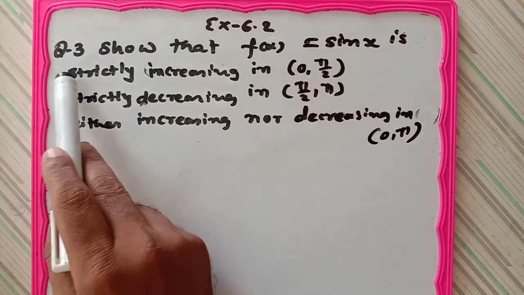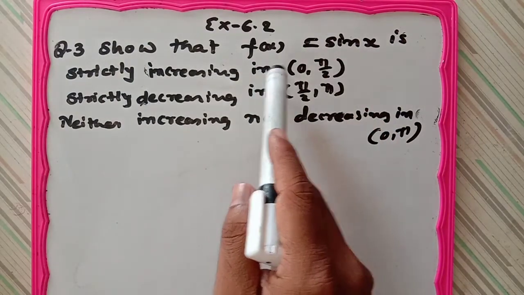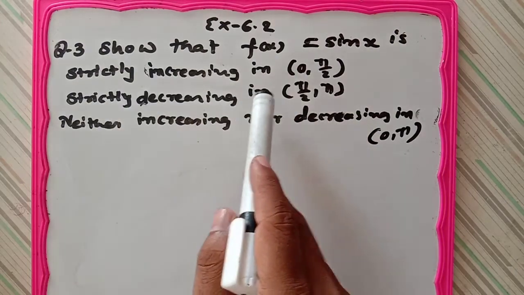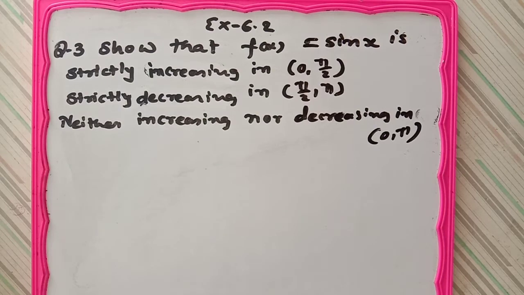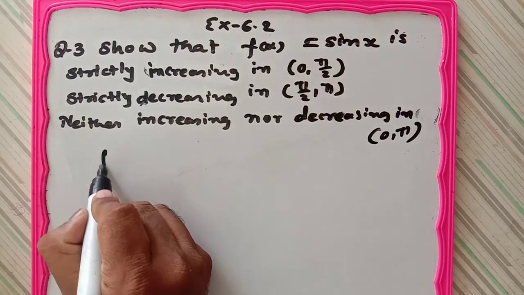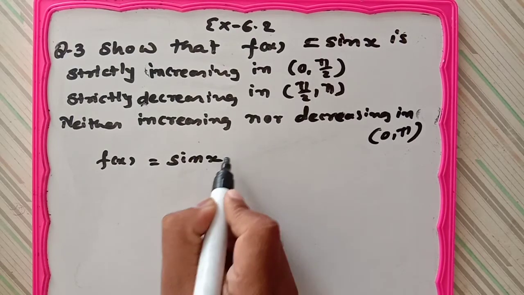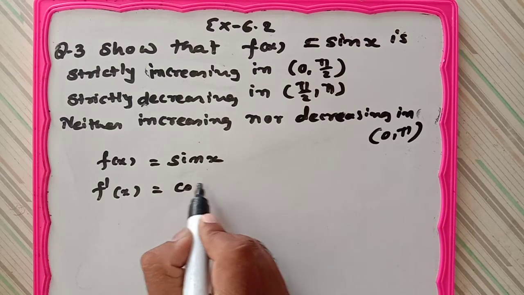Now question 3: show that f(x) = sin x is strictly increasing in (0, π/2), strictly decreasing in (π/2, π), and neither increasing nor decreasing in (0, π). So we are given the function f(x) = sin x, and its differentiation f'(x) = cos x.